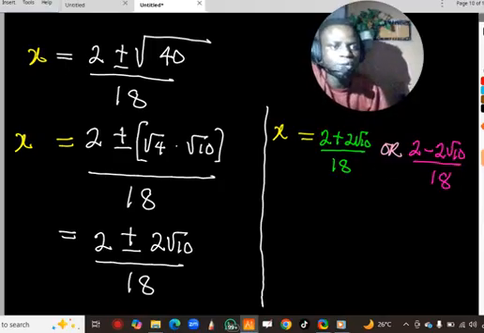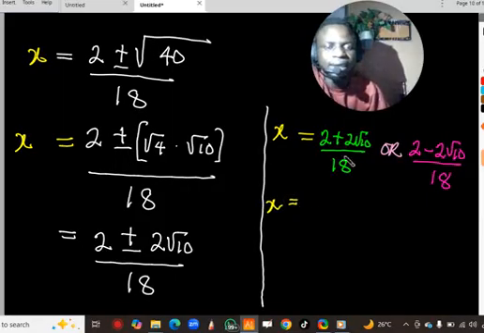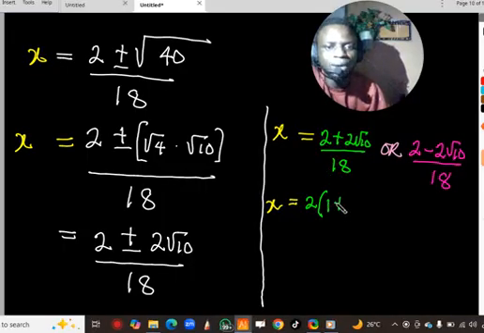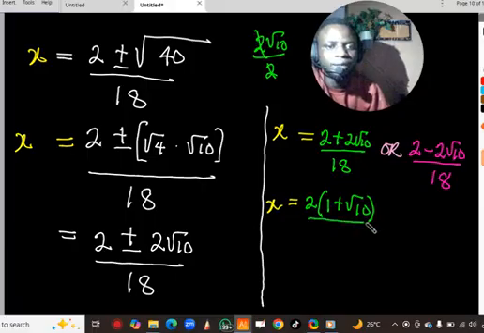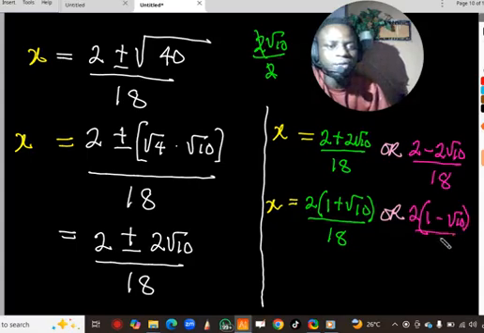So we can now factorize. We have that x is either 2 is common here, so 2 comes out. 2 divided by 2 is 1, plus 2 root 10 divided by 2 is root 10, all over 18, or 2 divided by 2 is still 1 minus root 10 all over 18.